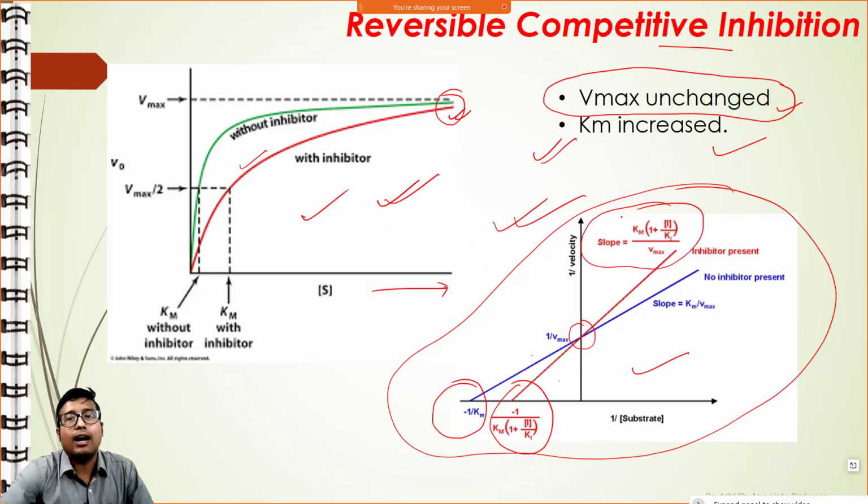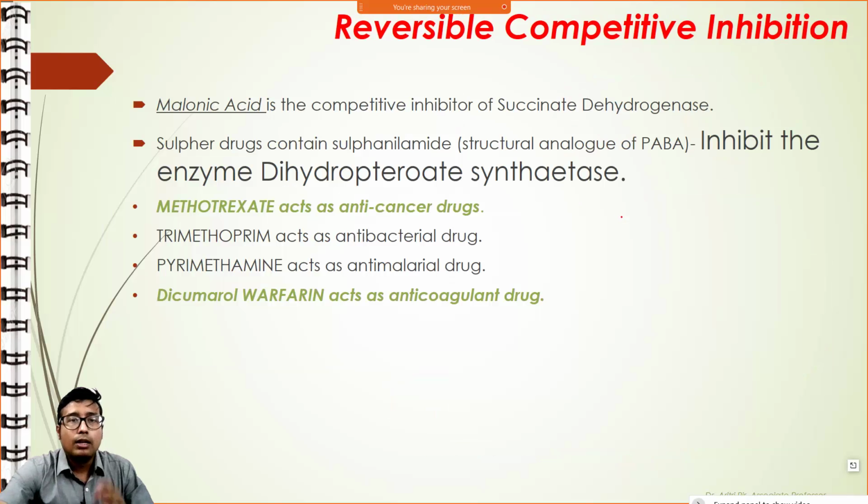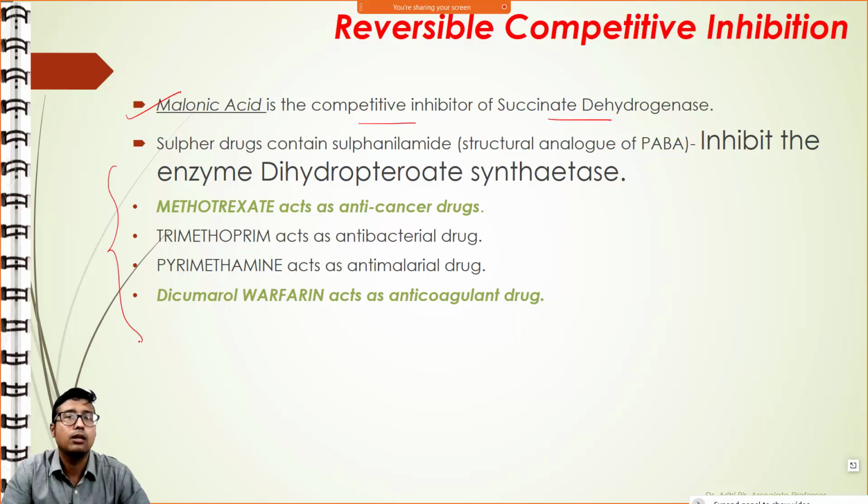So next are the examples. If you are asked in a viva what the examples are, you can get away by saying one or two examples. So number one, malonic acid, or malonate, is a competitive inhibitor of succinate dehydrogenase, right? However, I have listed many examples. Why?